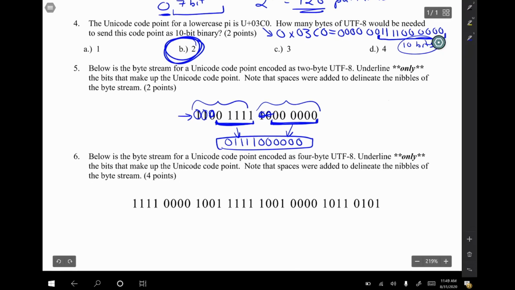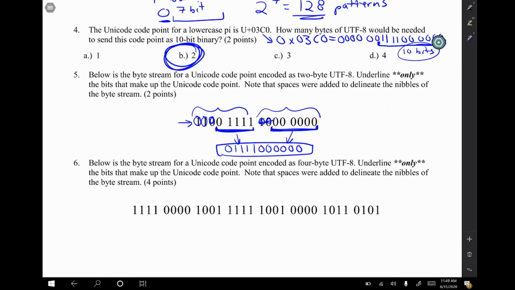Now we're going to do exactly the same thing with this problem number 6, except we've got a longer sequence here. How long a sequence do we have? Well, let's take a look at this left-hand side and just start decoding the bits. We've got a 1, a 1, a 1, a 1, and a 0.